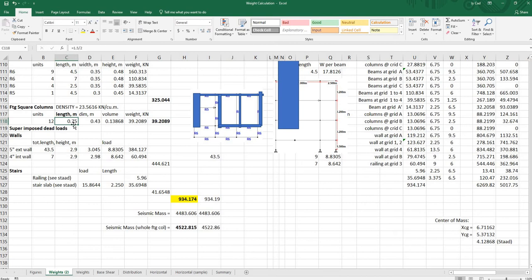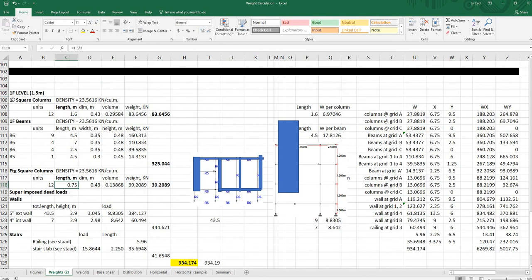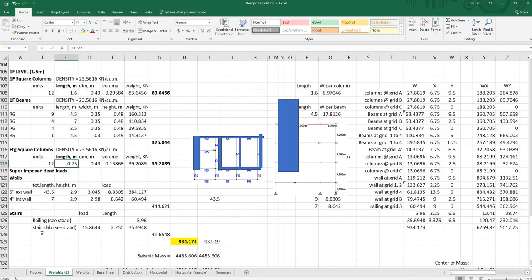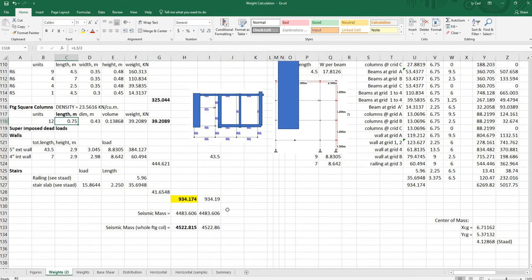Tapos, yung floor load mo dito sa first floor level, wala na. Dahil ang floor dito, nakapatong siya sa fill. Okay? So, ang loads mo dito, you have the columns, the beams, and then the walls and the stairs only.